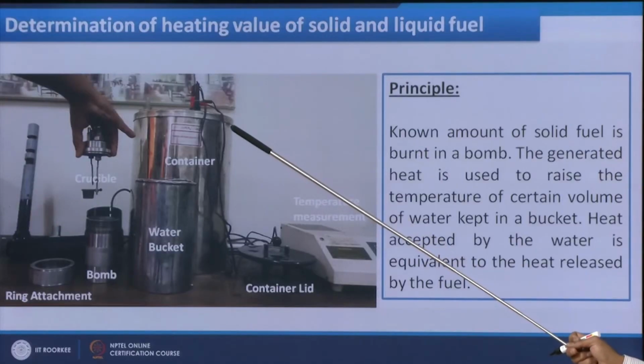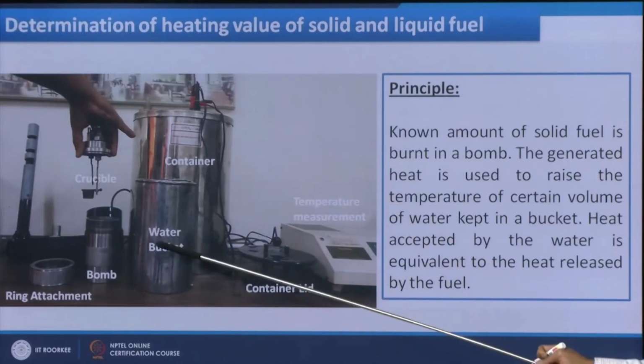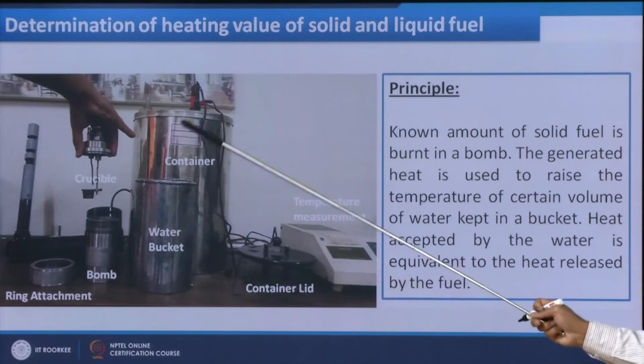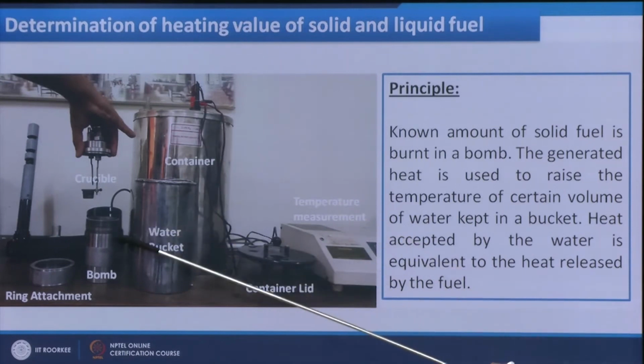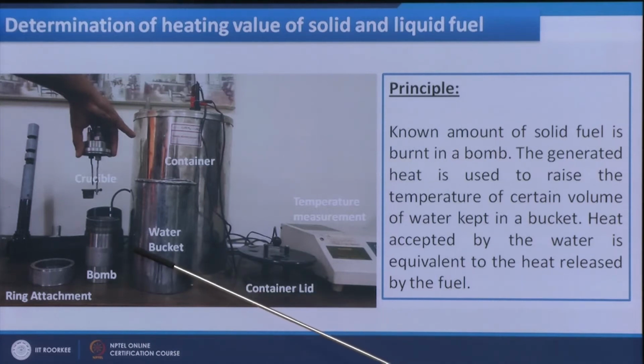Then our run is almost complete, and we will release the pressure inside it, then open it and check if there is any unconverted material inside the bomb. If it is unconverted, the test is discarded.